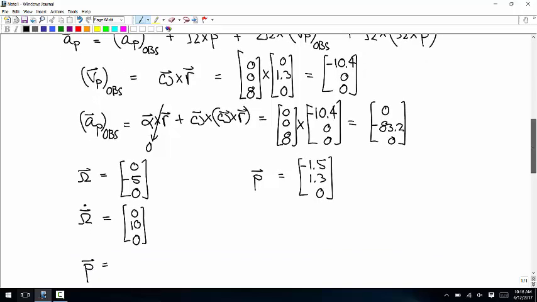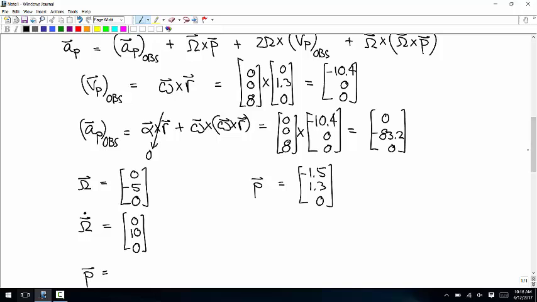And now, plug and chug, the most glorious words in the engineering lexicon.